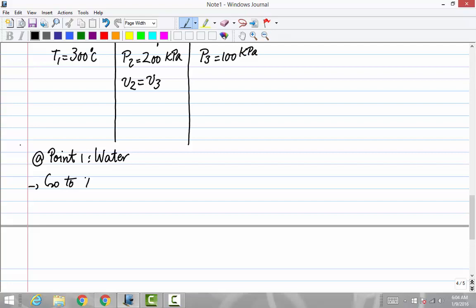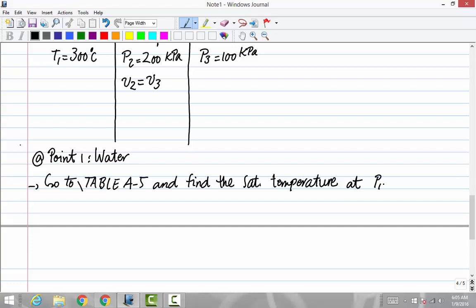So table A5. It's in SI units, not in English units, and find the saturated temperature at the corresponding pressure at P1.